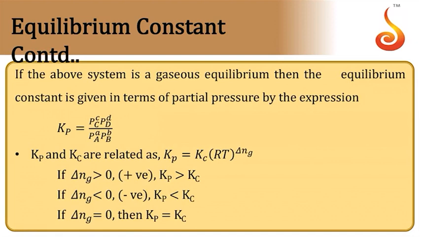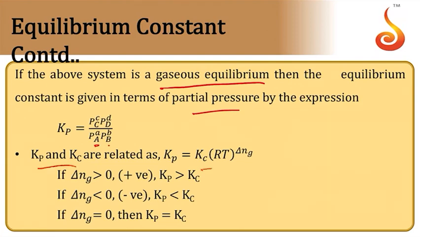Suppose you have a gaseous equilibrium, then the equilibrium constant is expressed in terms of partial pressures, where the concentration terms are replaced by partial pressures. So it is partial pressure of C to the power c, pressure of D power d, by partial pressure of A to the power a and pressure of B to the power b.